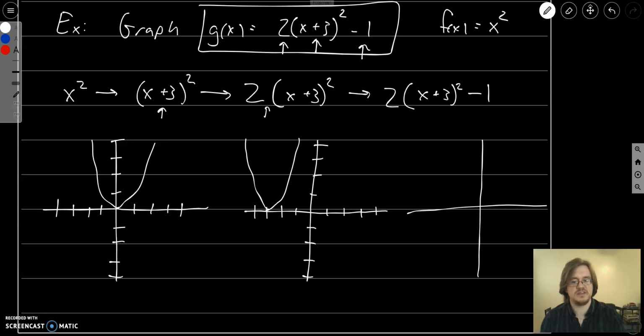And now we want to do the same thing for this third one, which we're going to multiply everything by 2, meaning all of the heights of this function are going to be increased quite rapidly. So instead of reaching a height of 1 at negative 2, we're going to reach a height of 2 at negative 2.